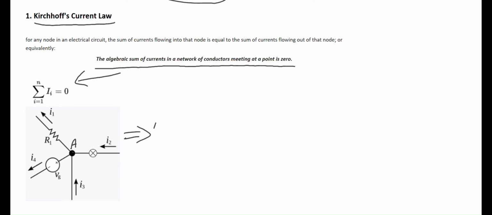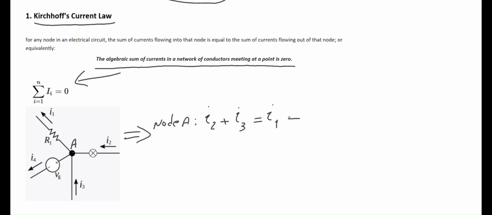So if I were to write the equation of KCL in this node, let's call it node A. So in node A, I have I2 flowing into the node and I3 also flowing into the node. So I2 plus I3 equals I1 flowing out of the node and I4 also flowing out of the node.